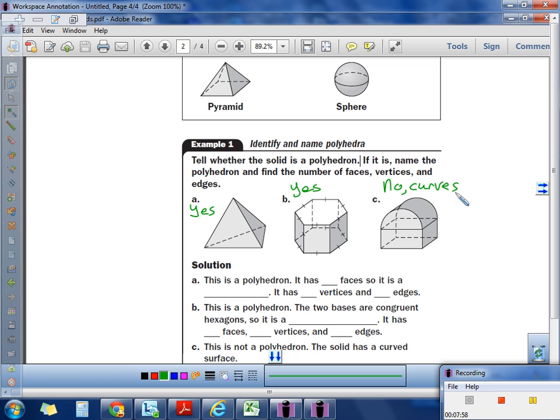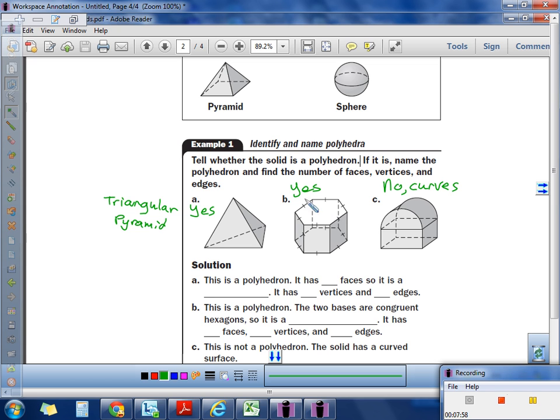Next thing, if it is a polyhedra, name it, find the number of faces, vertices, and edges. Does anybody know the name of this shape? I'd take triangular pyramid. I like that. So this one right here is a triangular pyramid. Does anybody know the name of B?